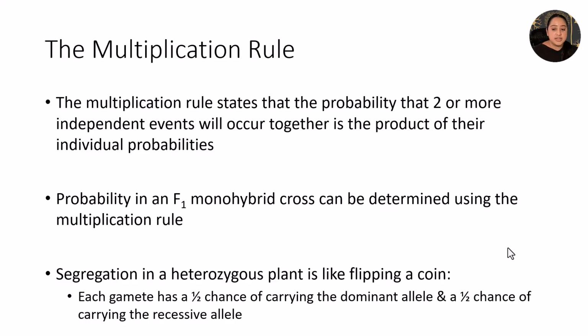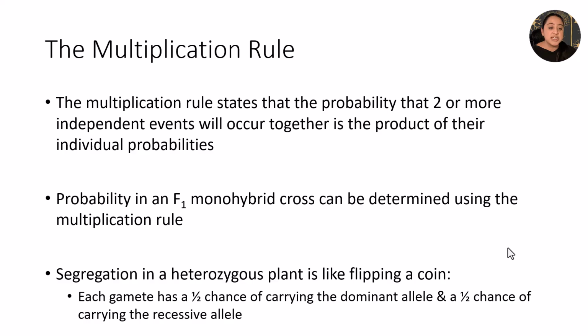And then the second time, there's also a 1 out of 2 chance. So you multiply those. If I flip it twice, what are the odds that they both land heads up? Then you do 1/2 times 1/2. And so the probability is a total of 1 out of 4 that it will end up heads both times. And that's the same case here.